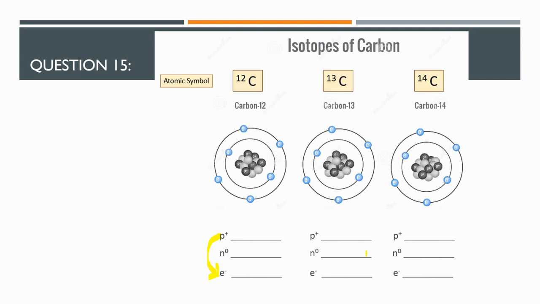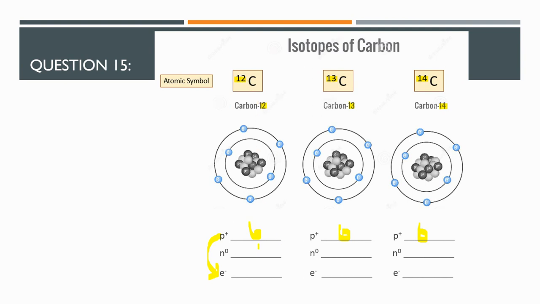And then to find the neutrons, we need to take the mass numbers, which are designated here. You can see there are a couple of different ways they can be written. Sometimes it's just with the symbol and sometimes it's with the actual name. So they're all carbons, they're just different isotopes of carbon. To get the neutron number, we simply take the atomic number, which was 6, and that's going to be the same all the way around, and we subtract.